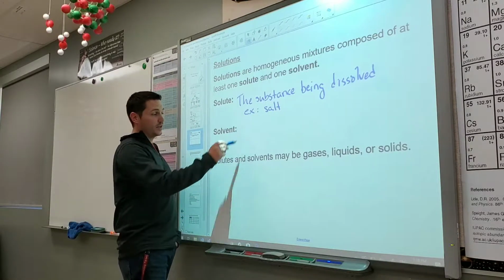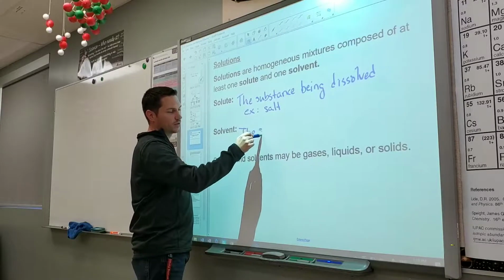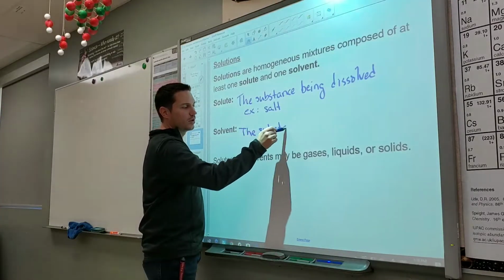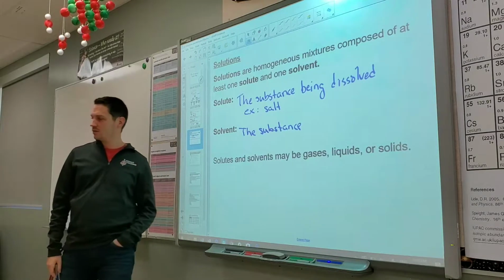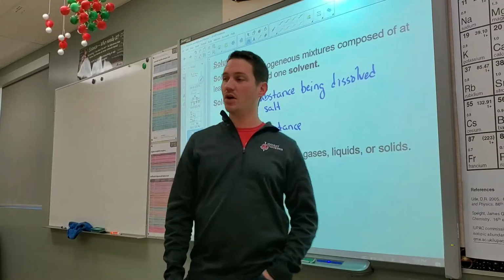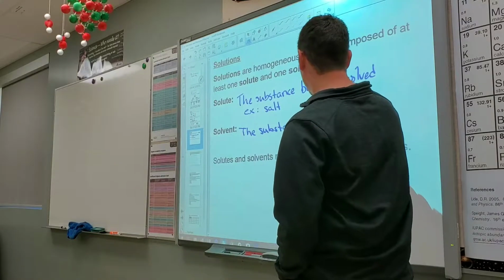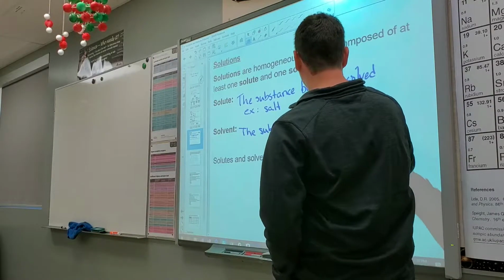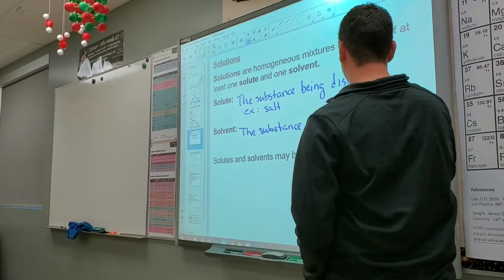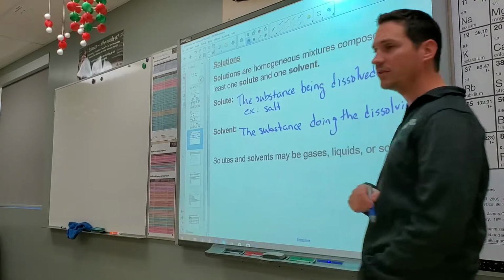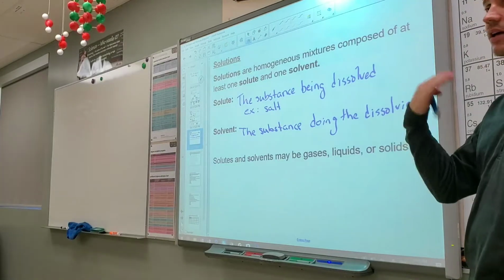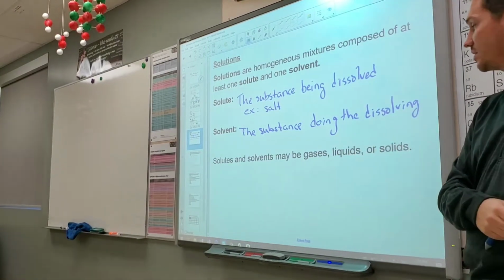The solvent is the substance. Well, if it's not the one being dissolved, what is it doing? It's the one doing the dissolving. Which is such a stupid way to phrase that sentence, but hopefully you understand that it's a very clear way to get the idea across.